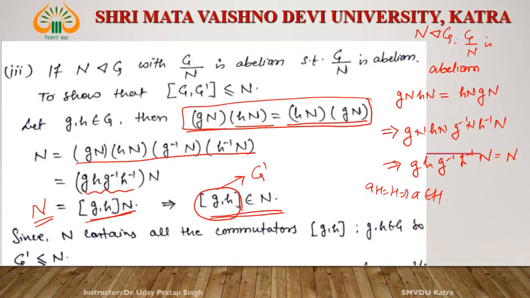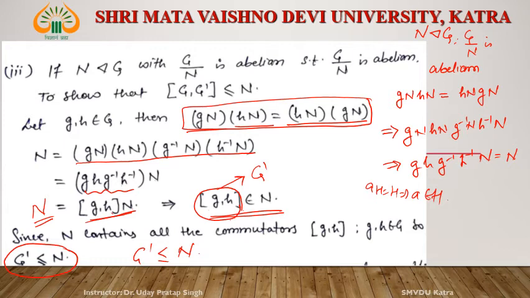So capital N is any arbitrary normal subgroup which contains all the elements of the commutator group. Hence, the commutator group, that is G prime, is the smallest normal subgroup, right? Therefore, G prime is contained in capital N. Okay.